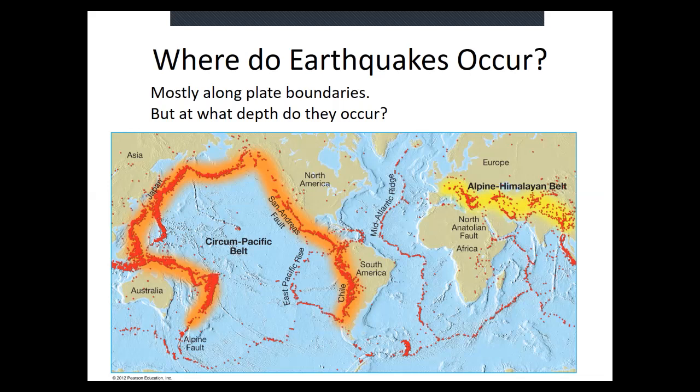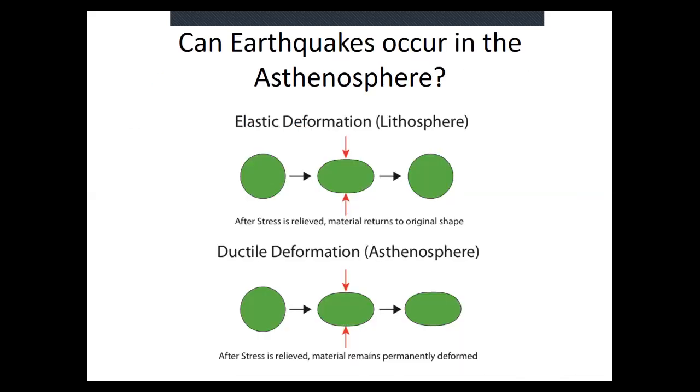So where do earthquakes occur on Earth? Most earthquakes occur at plate boundaries, and we can actually map the plate boundaries by mapping the locations of earthquakes. But at what depth do they occur? Earthquakes result from elastic deformation. When rock is deformed, like say this material, it's squeezed, it's deformed. It's elastic if the stress is relieved and it returns to its original shape. Now that's the lithosphere. The lithosphere deforms elastically.